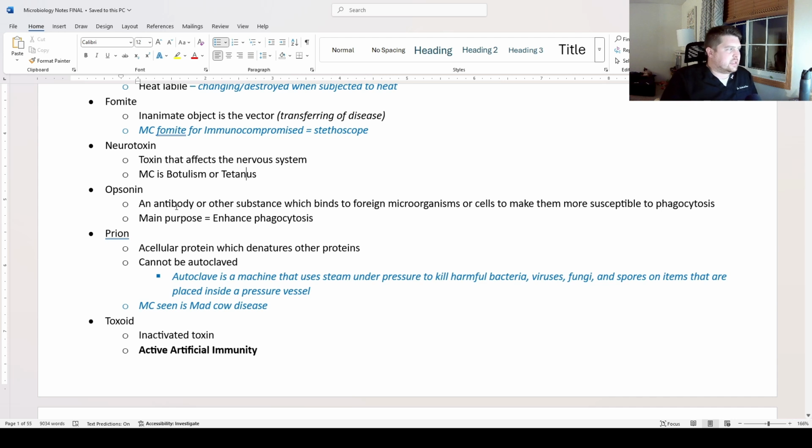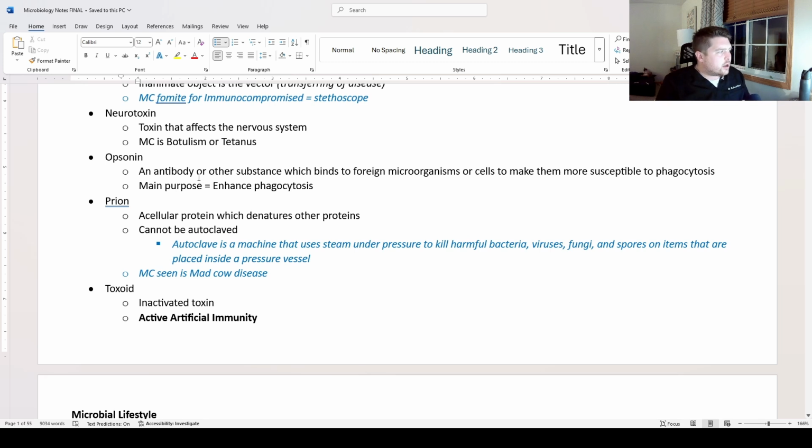Opsonin, this is an antibody or any other substance that binds to foreign microorganisms to mark them and make them more susceptible to phagocytosis. So it enhances phagocytosis. That's all we really need to know about opsonin.